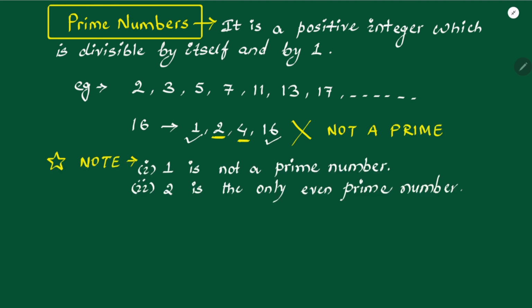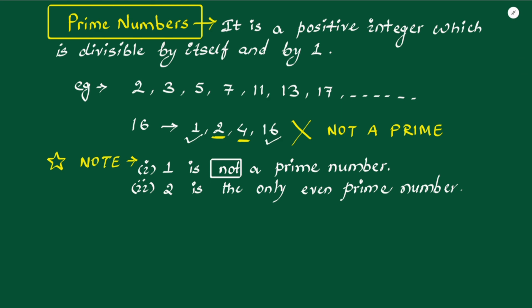So let's talk about 2 important points that one should remember about prime numbers. First point is 1 is not a prime number, because the definition of prime numbers is basically all the numbers which are greater than 1. So 1 is not a prime number.